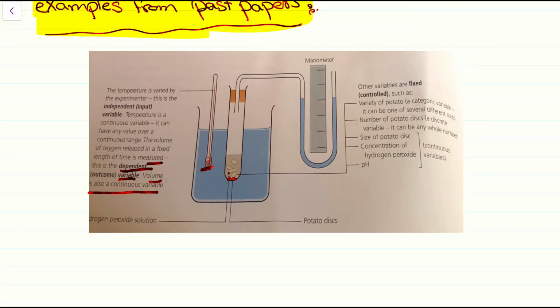And you have to know that it is at fixed time, because at the suitable temperature, the optimum temperature or optimum pH, the time taken for the reaction is the least.